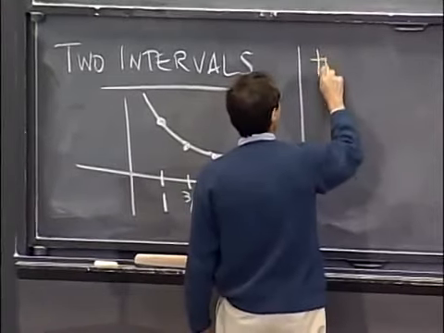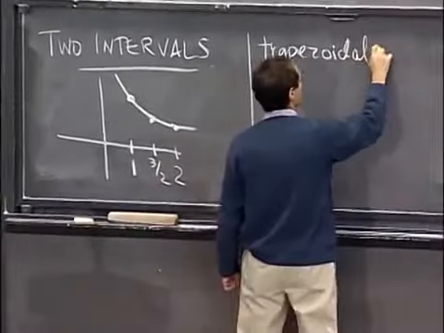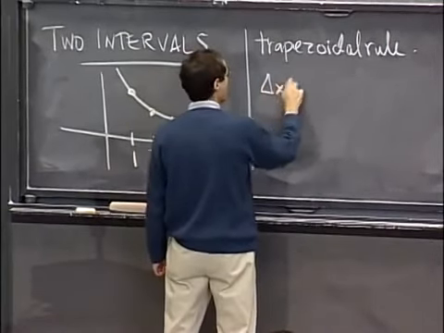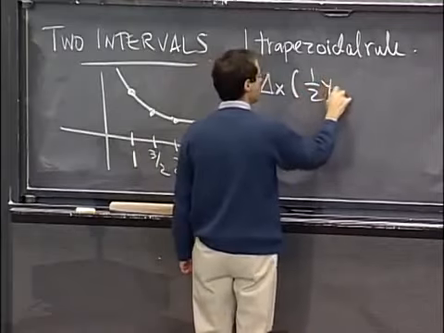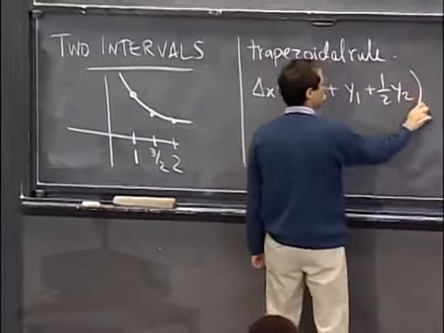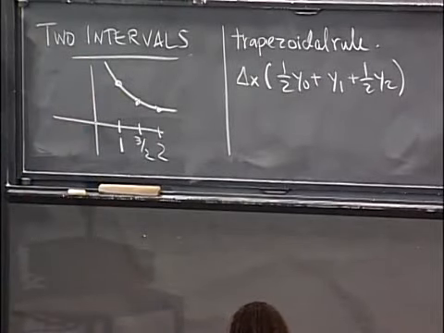Now, the trapezoidal rule is the following formula. It's delta x times a half the first value plus the second value plus a half the third value. In this case, the pattern is a half, 1, 1, a half.